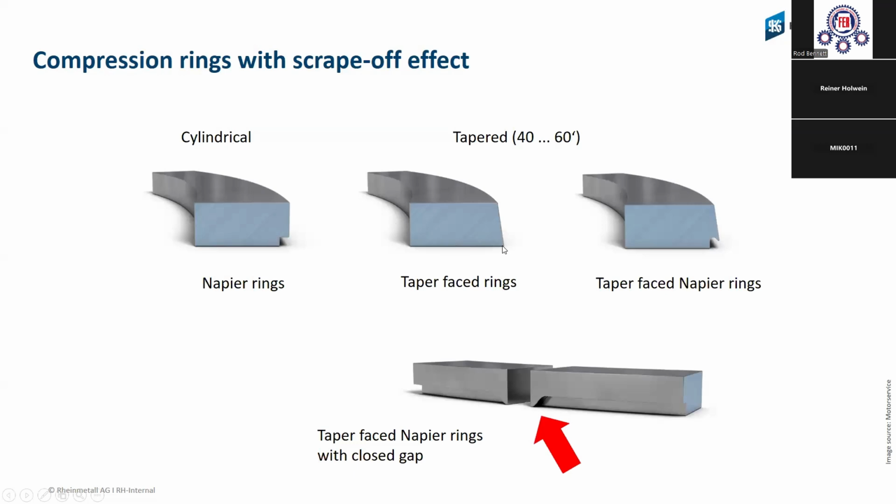And also each of the piston rings, it has nothing to do with which kind of ring, needs a little bit of a running in effect. And this running in effect needs time. The running in time will be over quicker when the engine is used with higher load, because when we have higher load, we have higher pressure between the piston rings and the surface, and a higher contact.